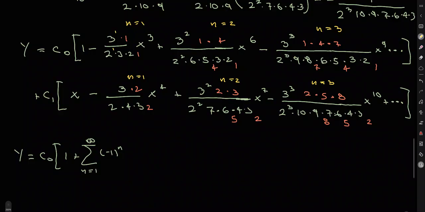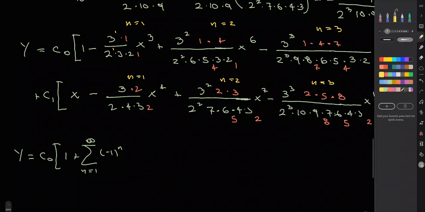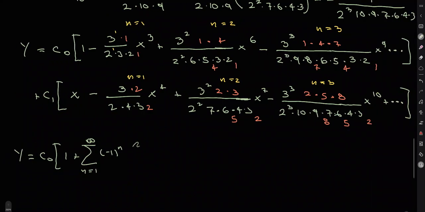Let me first of all write the 3 to the n in the numerator, and that times 1 times 4 times 7 times dot dot dot times 3n minus 2. That's because the 1, the 4, the 7 differ by 3 units, and subtracting 2 for n equals 1 is going to give us the 1 over here.